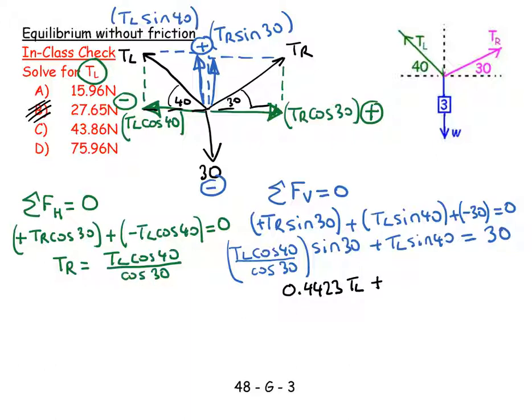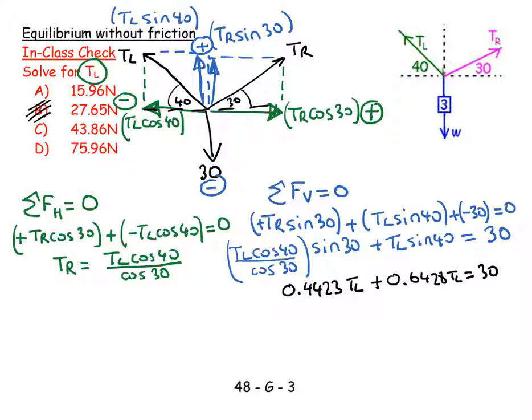So let's clear, and we're going to go sine 40. And this is going to be 0.6428 TL, is equal to 30.